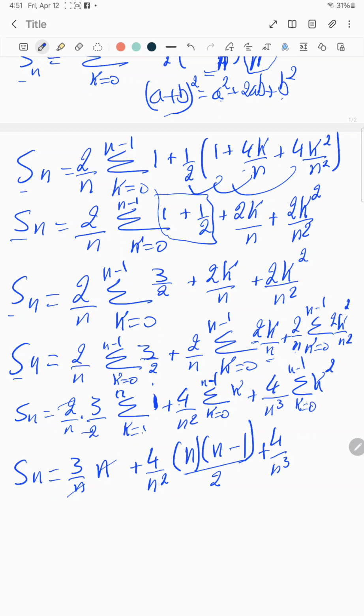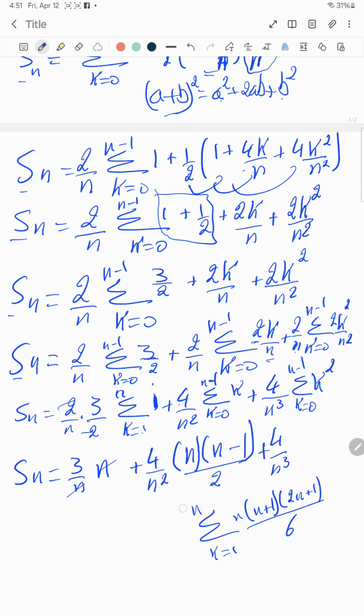And again, the formula would be, I will write it and delete it. For k equals 1 to n, it becomes n times n plus 1 times 2n plus 1 divided by 6. And you can Google it, and you can find it.